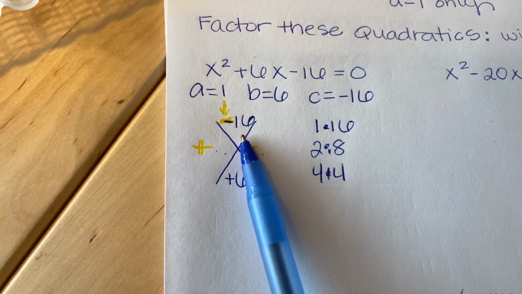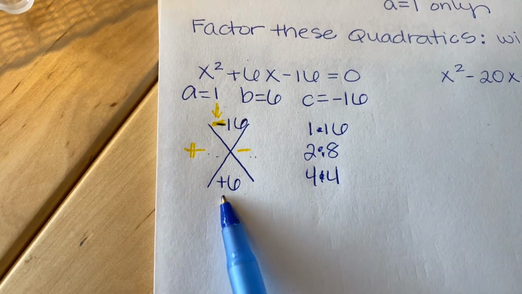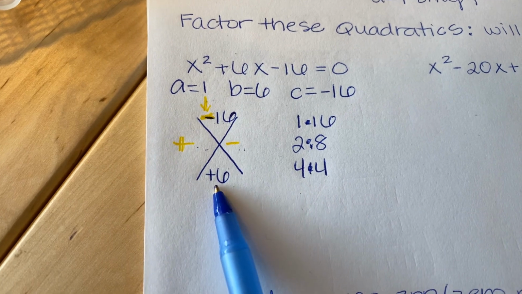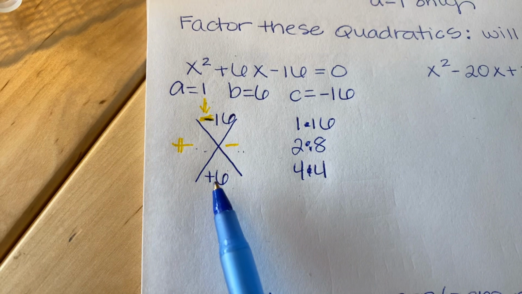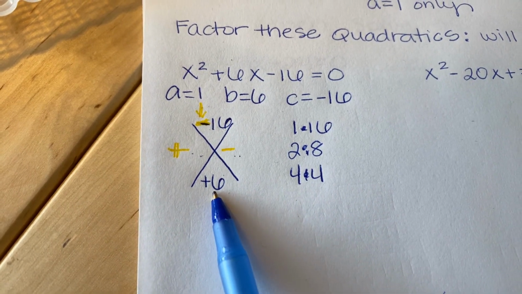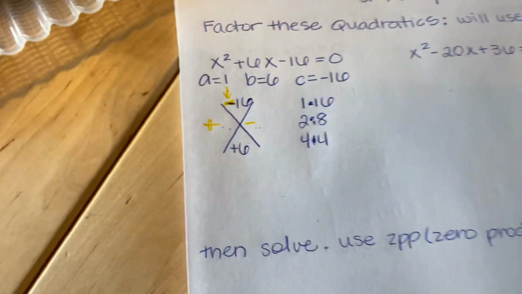All right, with that being said, now you're going to look at your summation. Your B value is +6. Because after the difference you have your difference being positive, that means your leftover was positive, which implies that your larger or bigger integer was positive.